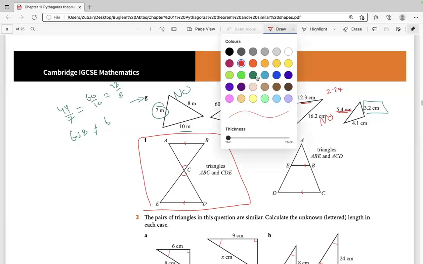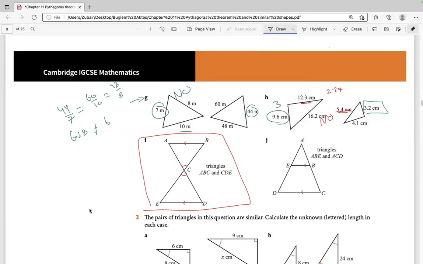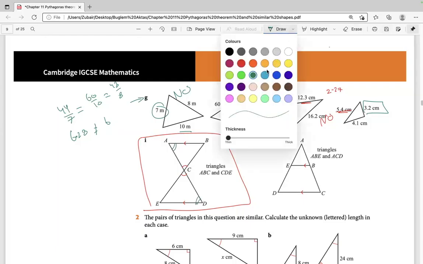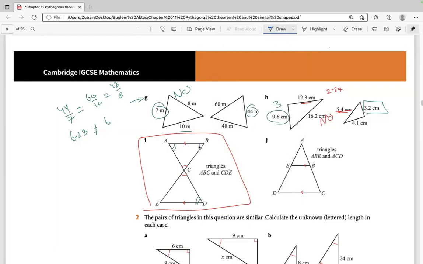What next? Oh, because it's alternate, it can be a Z shape, so A and D, and the same for B and E. So yes, similar. I just named it butterfly shape for myself. It is always similar because of the same reasons you just pointed out.